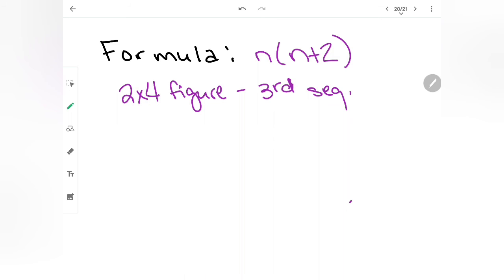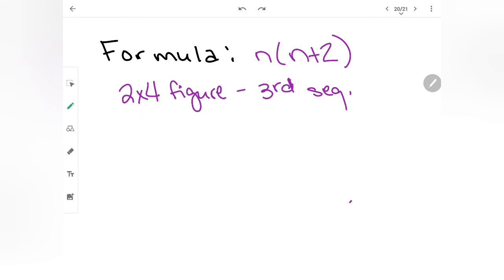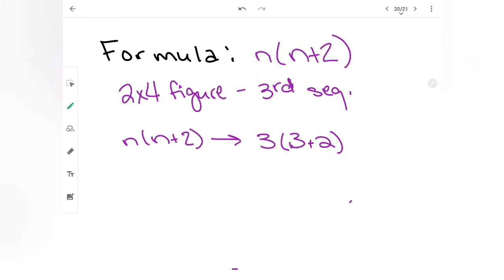And now all we need to do is fill in a 3 for every n that doesn't have a number in our equation. So we started out with n times n plus 2, which eventually, once we figured out the right numbers, we got it to where it is 3 times 3 plus 2.